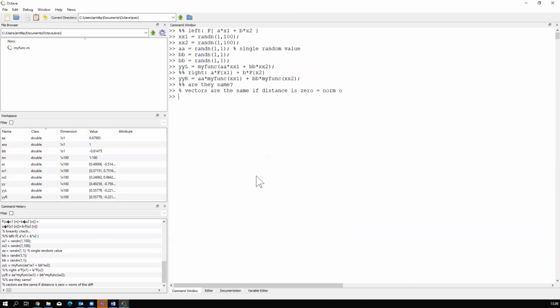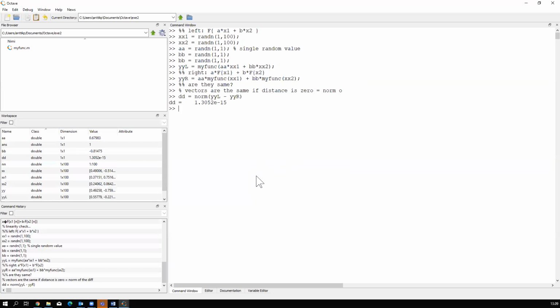Let's test. The difference or distance between these, or error, is then norm of YYL minus YYR. Ha! Not zero. Why is that?